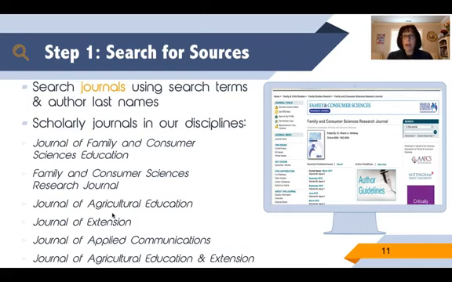However, I don't want you to just limit yourself to these journals, because there's more research being published than what's in your discipline that can relate to your research problem.